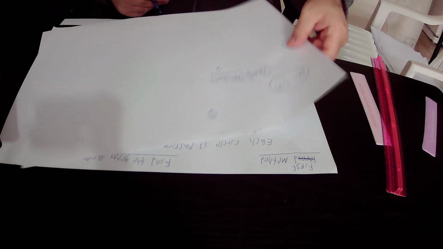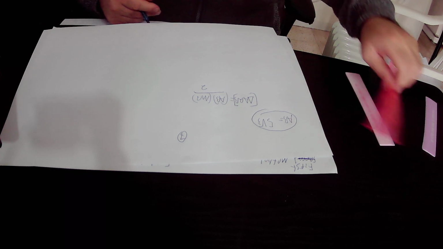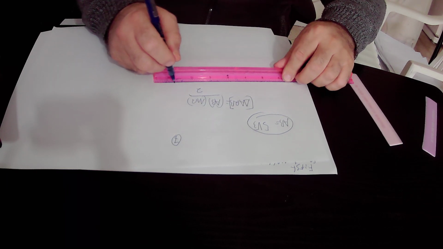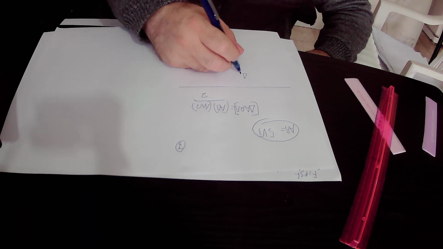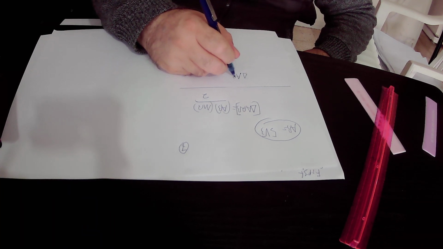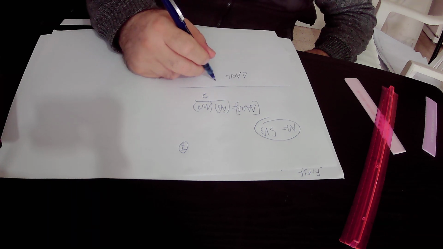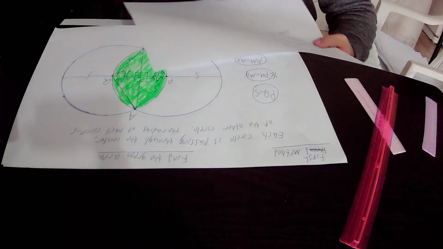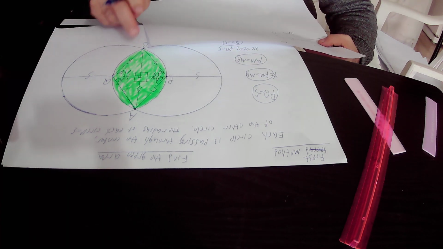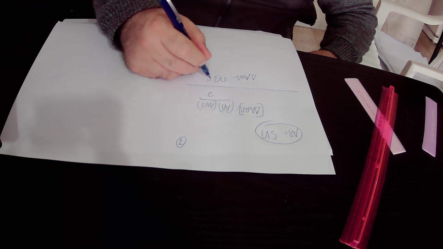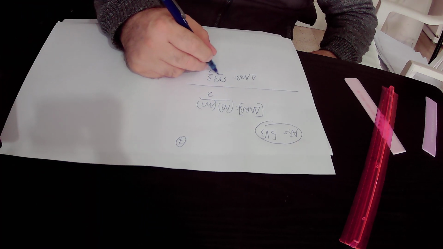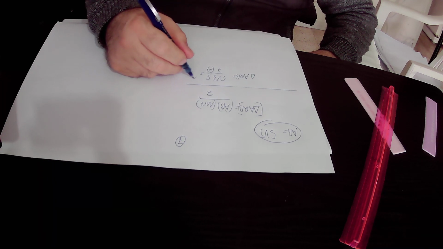So AB equals 5 times square root of 3 units, times MQ equals 5 over 2, all divided by 2. 5 times 5 is 25.